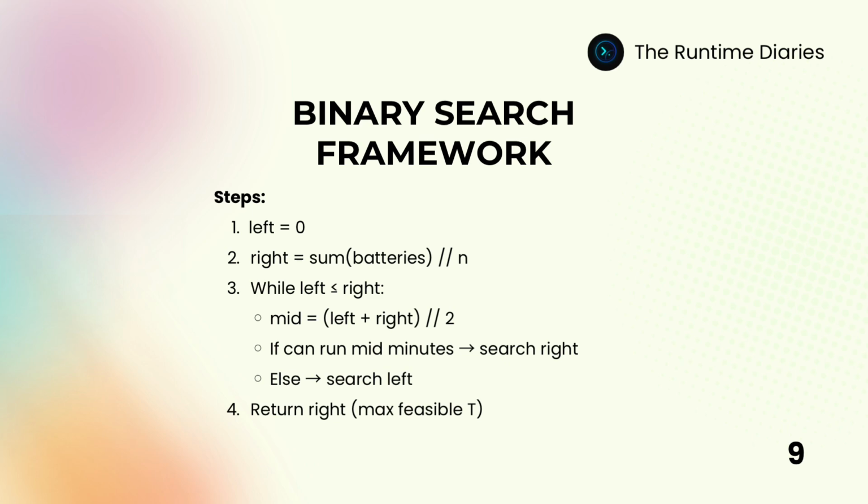We check if we can run for mid minutes. If yes, we move left up to try to run longer. If no, we move right down because mid was too ambitious. At the end, right will be the largest feasible t. This is clean, predictable, and it scales beautifully.